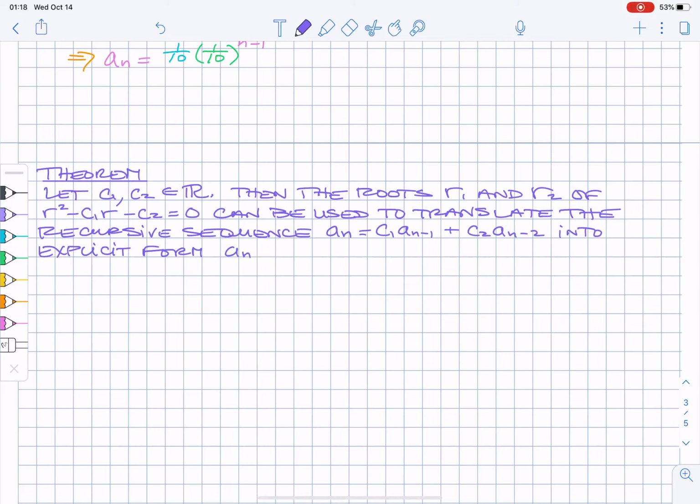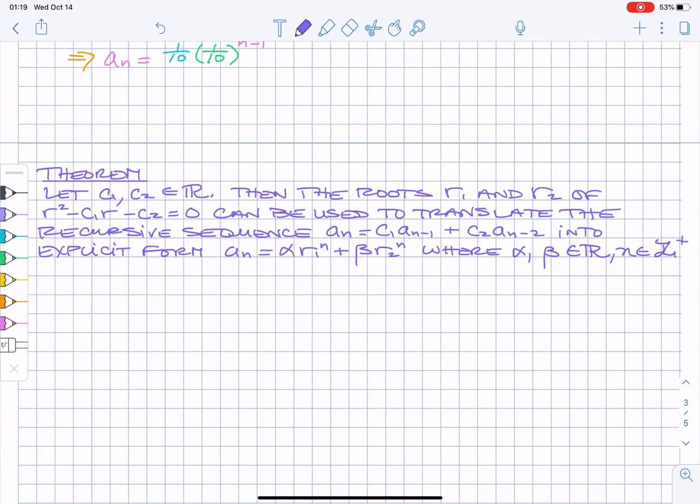A sub n is equal to alpha times R1 to the n plus beta times R sub 2 to the n, where alpha and beta are some real numbers. Okay, and of course, n is an integer, usually positive or 0.